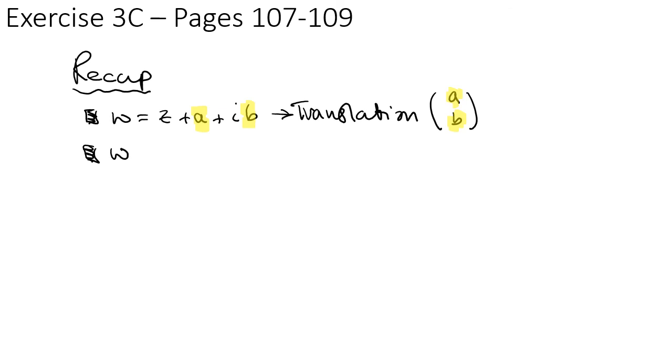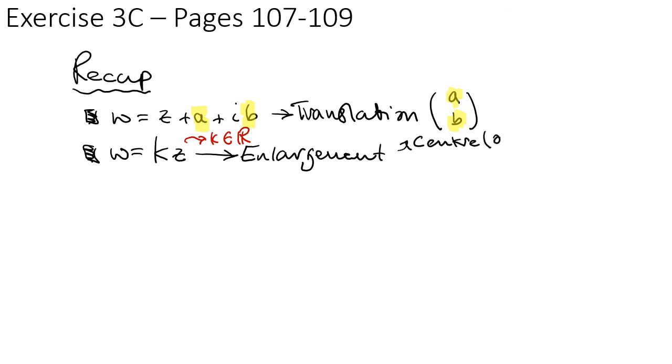We have enlargement, so if we see a transformation like this, that's an enlargement. By the way, k can be any real number, so it's not a complex number. So it's an enlargement, and the center of enlargement is the origin, (0, 0), and the scale factor of enlargement is equal to k.